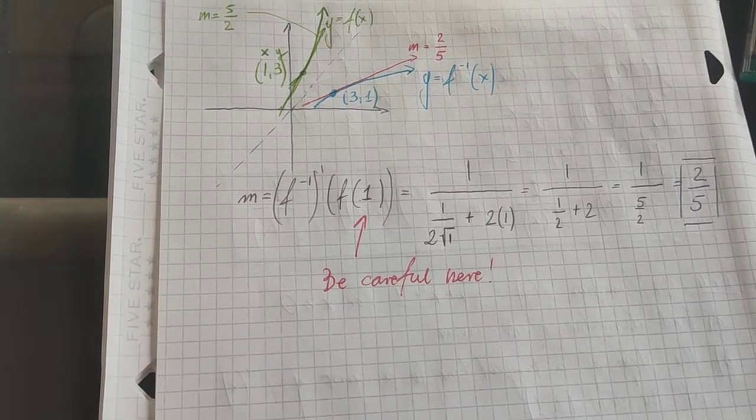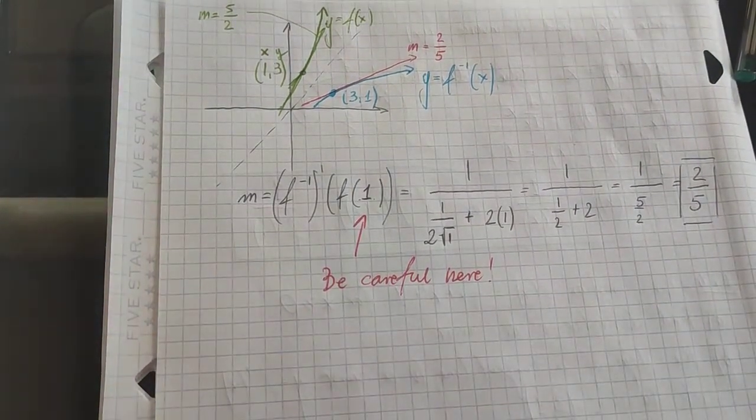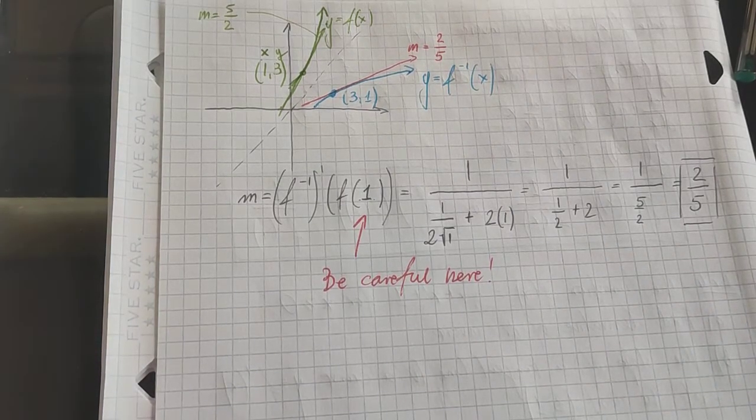Okay, so that concludes the lecture for 7.1. So the important thing: if we want to take an inverse of a function, our original function needs to be 1-to-1.